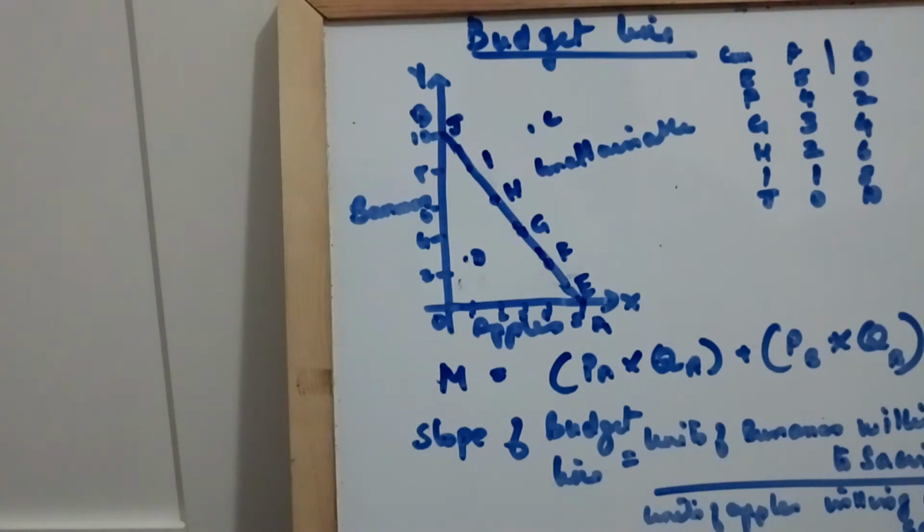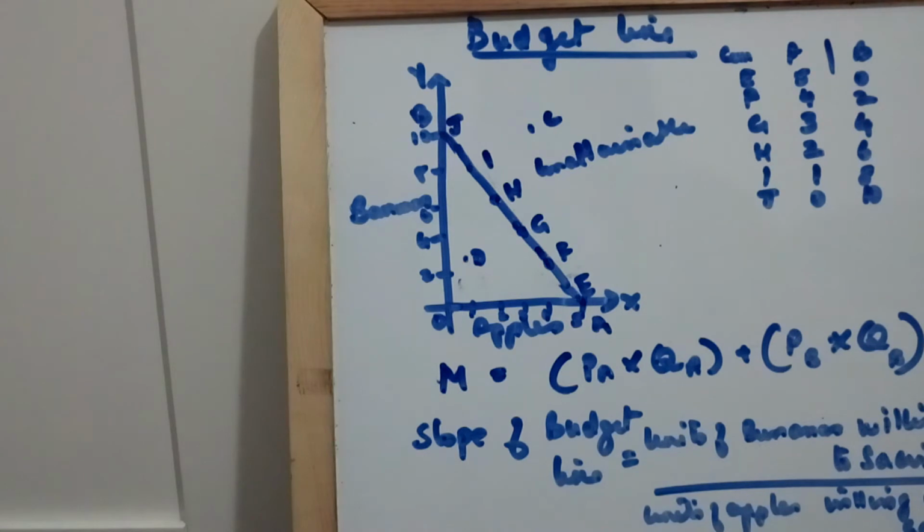Hello, we have discussed different combinations of two goods which provide the same level of satisfaction to the consumer, and these combinations we discussed earlier depend on the income of the consumer as well as the price of the commodities.